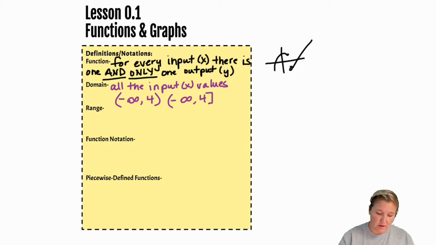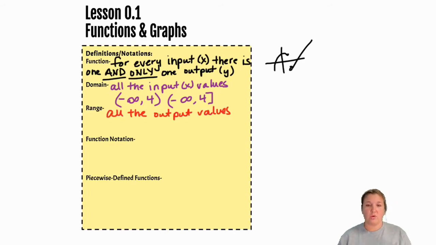Then we are going to have range. That's all the output values. Again, we will use interval notation with the brackets. So maybe it starts at 2, doesn't include 2, and goes all the way up to positive infinity.